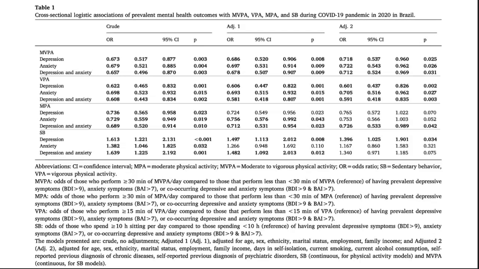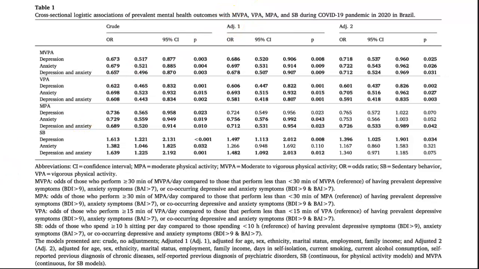You can also see there's another column here, this adjusted 1. This is looking at the relationship between an independent and a dependent variable adjusted for certain variables. So you can see that it says adjusted 1 up here at the top.